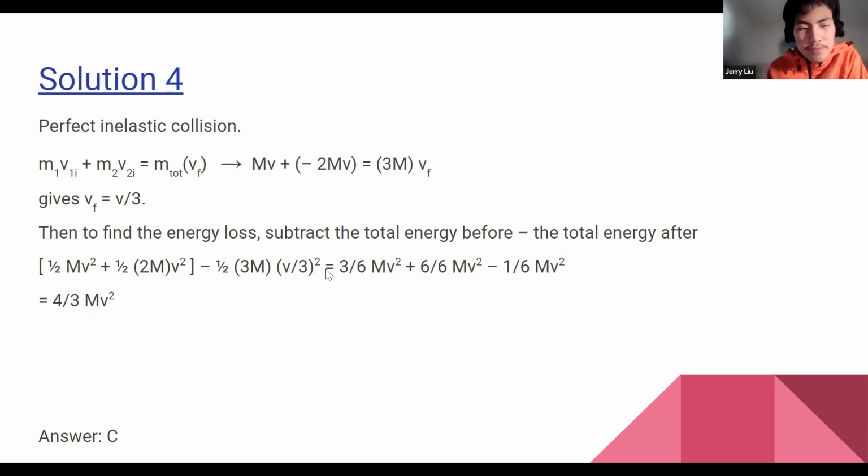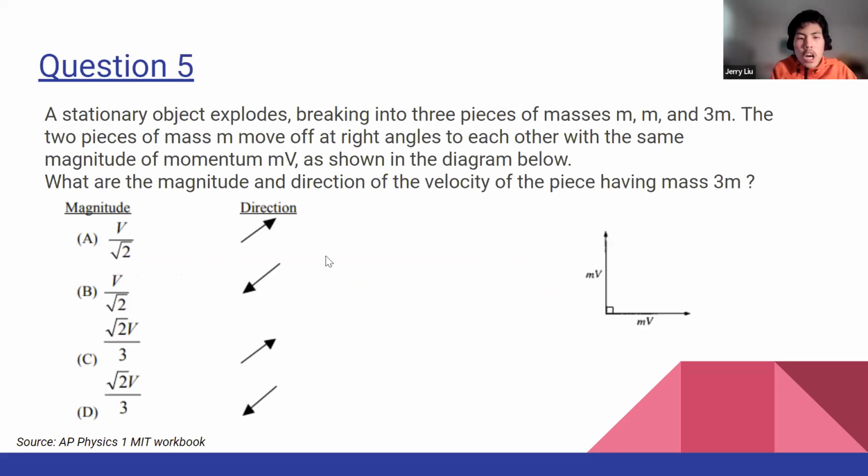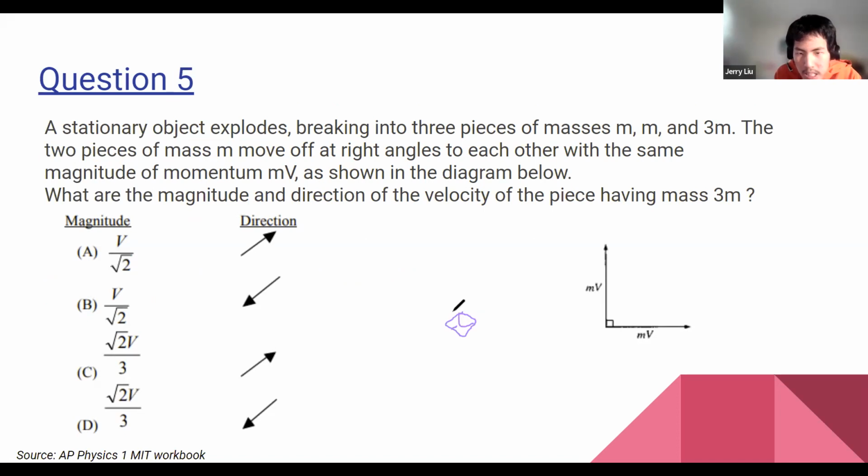Okay. This type of question is a conceptual question. So let's say we have a stationary object and it bursts apart. So it breaks into 3 objects. Let's say we have this object, and each of these are one of the shards of the object after it breaks.